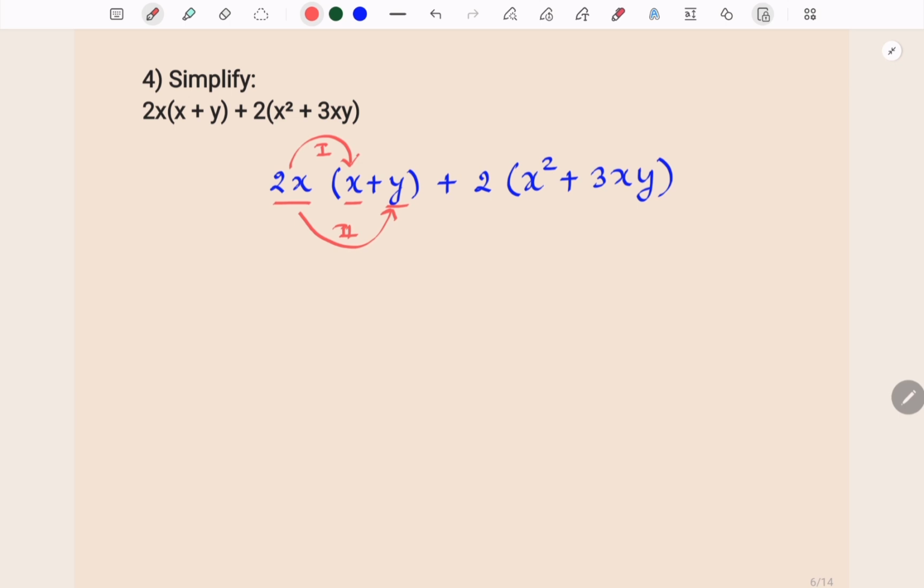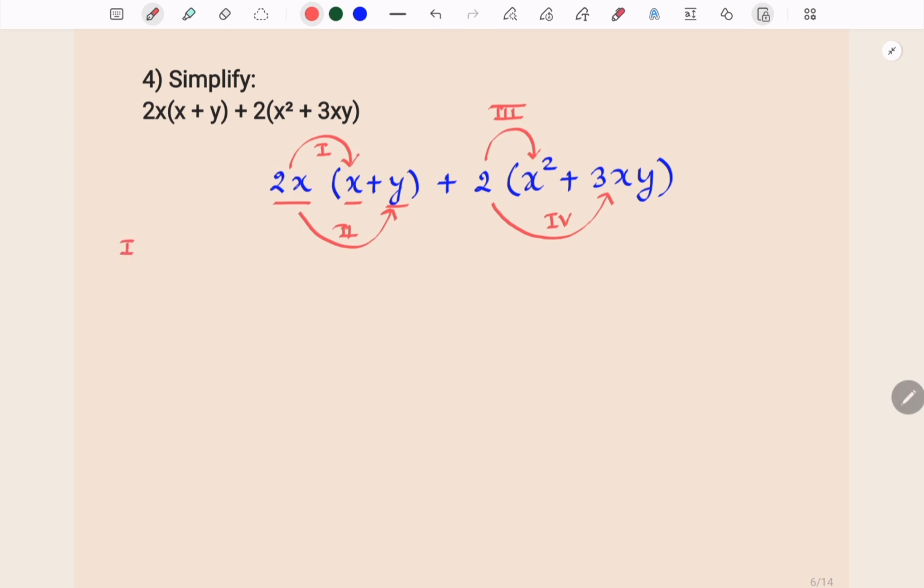This is the second multiplication. If we go to the next bracket, this 2 will be multiplied by x squared, and this 2 will also be multiplied by 3xy. I can write this as the third multiplication of this question and this one as the fourth multiplication. Let's do the multiplications first.